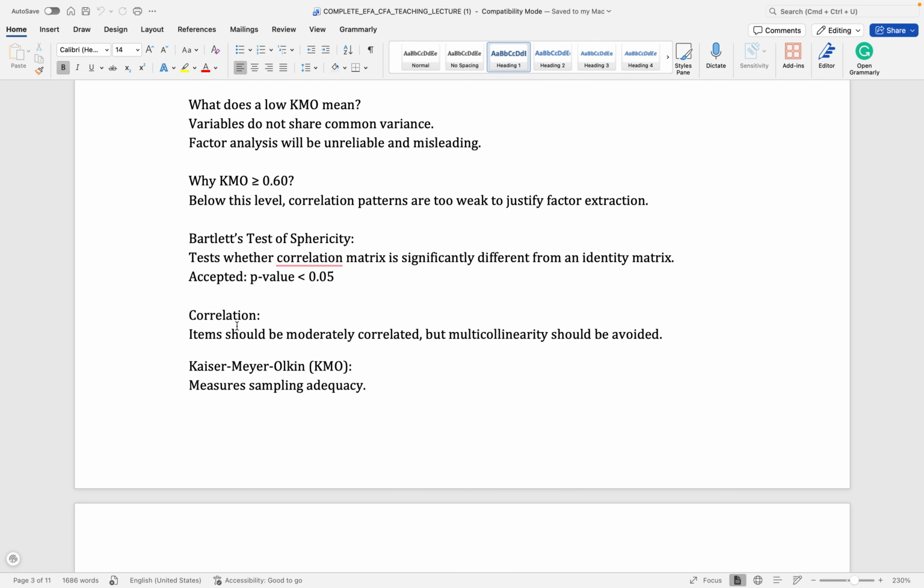Bartlett's test of sphericity tests whether the correlation matrix is significantly different from an identity matrix; the accepted p-value is 0.05. Items should be moderately correlated, but multicollinearity should be avoided.